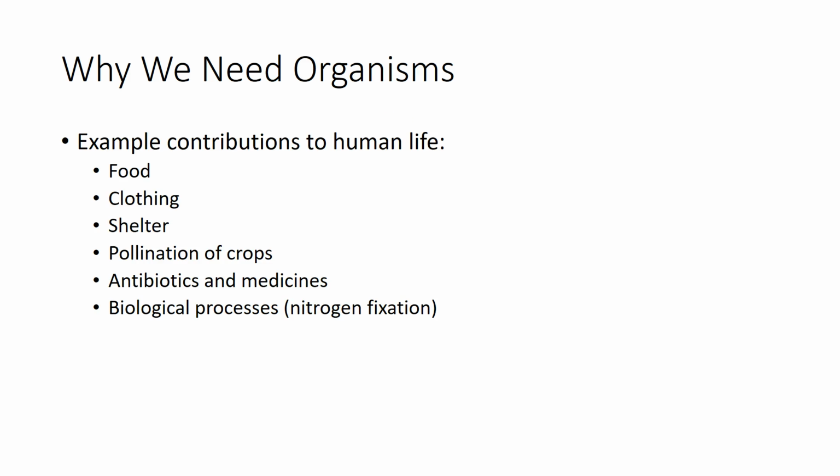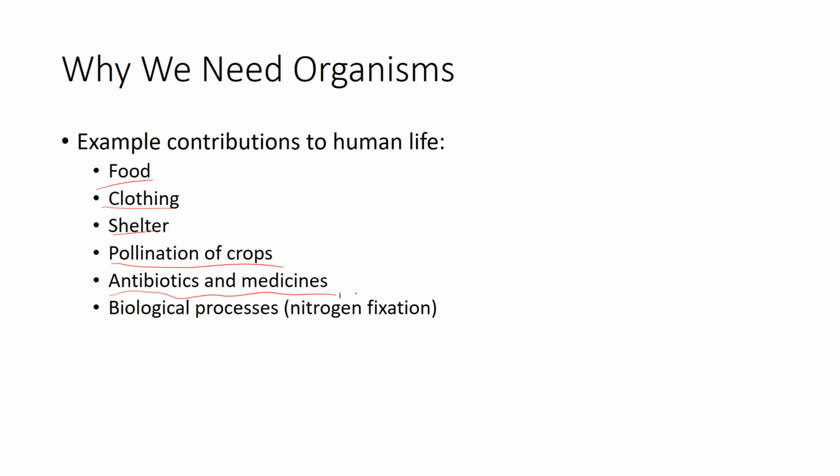So, you know, it was brought up, well, why do we need organisms? All right. So, there are the obvious ones. We need certain organisms for food, just for basic survival. We need trees, for example, for timber. Okay. So organisms provide food and clothing and shelter, right? We need our pollinators so that we can actually grow food with relatively good yields, right?